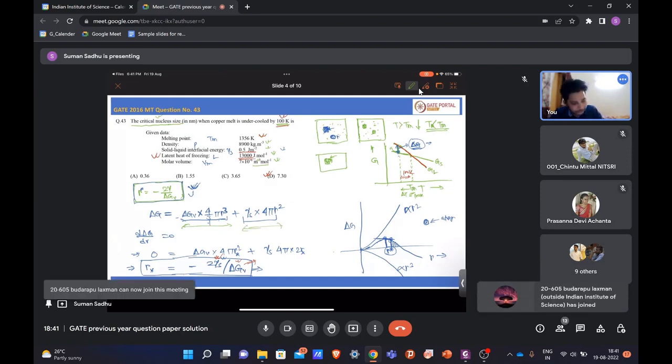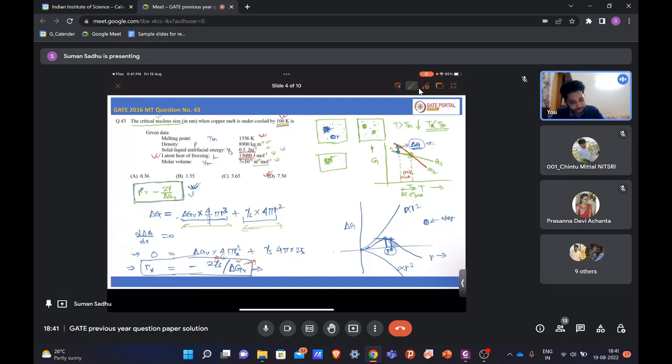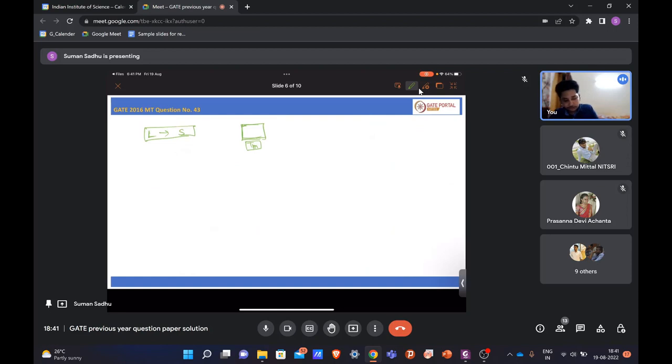Now, if you are at this point, here delta G is 0, right? So you are not getting any driving force there. It is totally 0. So you are not getting sufficient energy to create this surface. So solidification will not occur exactly at Tm, right? You have to give a certain amount of undercooling, like you have to go below Tm. Then only it will start to form the solid nucleus.